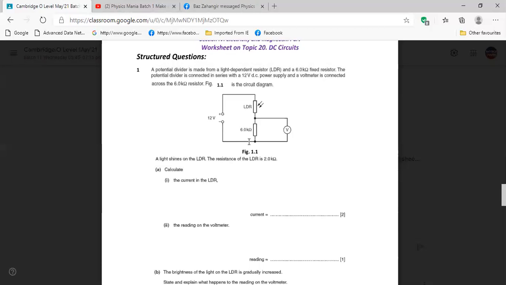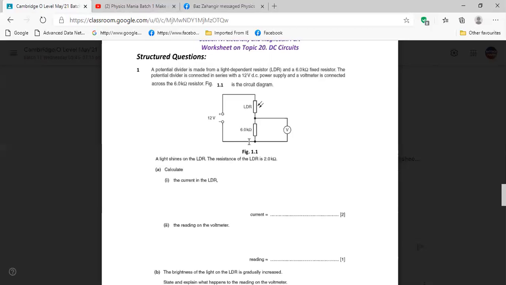So what will be your current now? Can you calculate again? So I equals V by R, that is 12 divided by 8. Yes. So if it is I equals V by R, then calculate what is coming. So is it 12 divided by 8 into 10 to the power minus 3? No, 8 into 10 to the power 3.